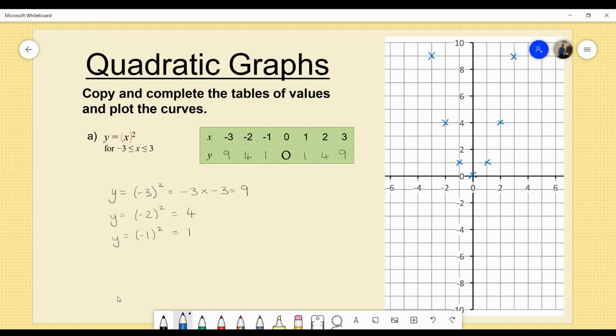And you should be able to see the shape of the curve here. Now this is where you'll be able to do it much better on paper than I can on screen. It should be one smooth curve that joins all of the points, and it must go through each of the points. So you need to take it nice and slowly. You also need to make sure it's got a curved bottom.